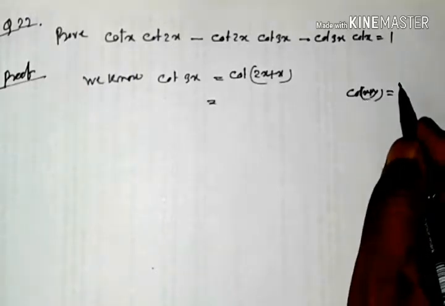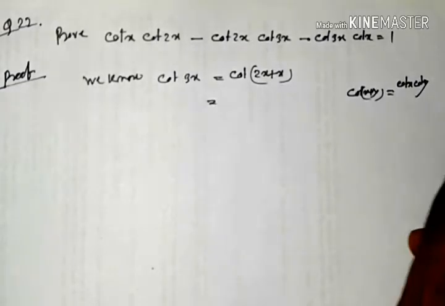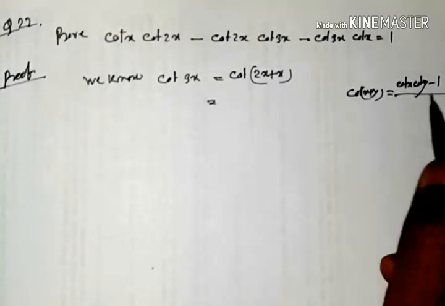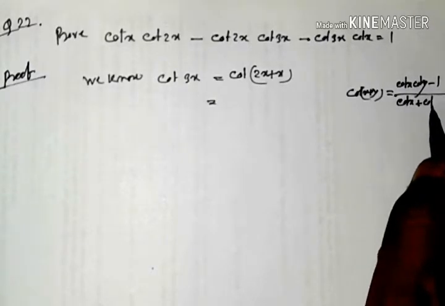Cot (x plus y) is (cot x cot y minus 1) divided by (cot x plus cot y).